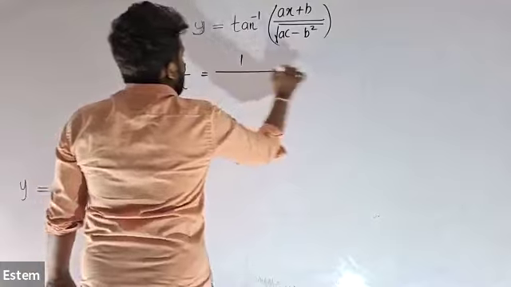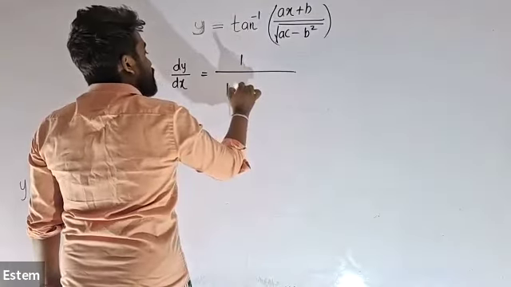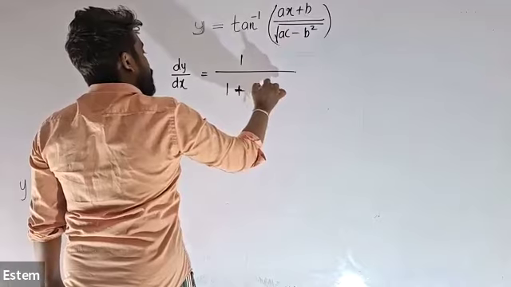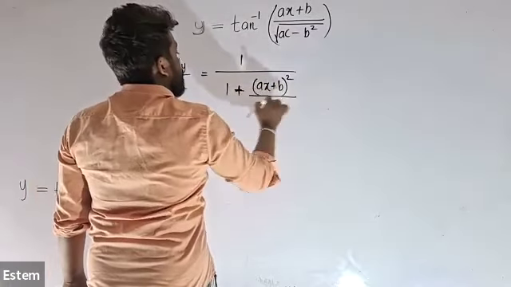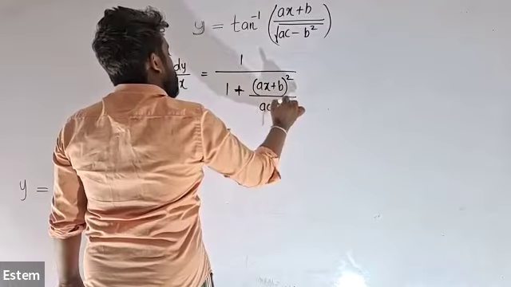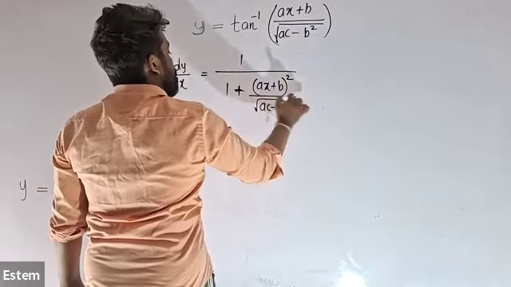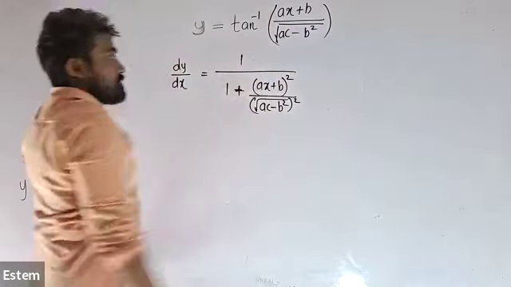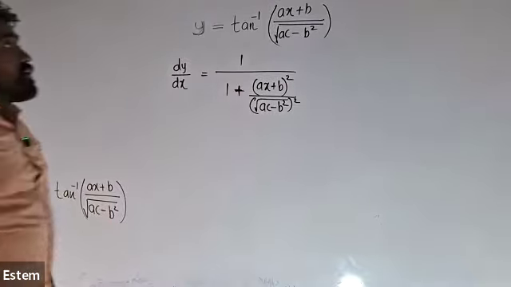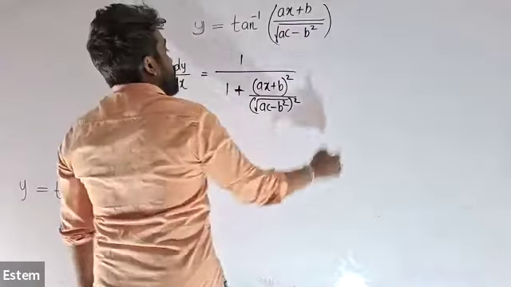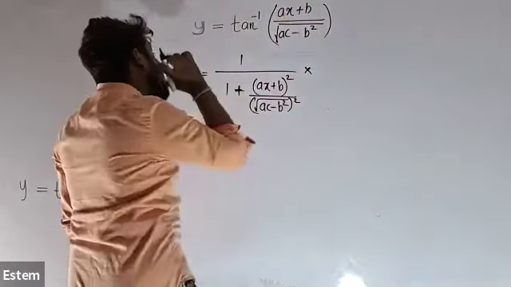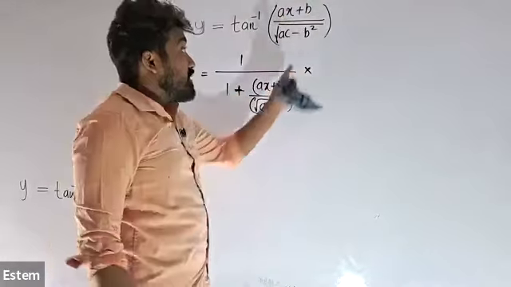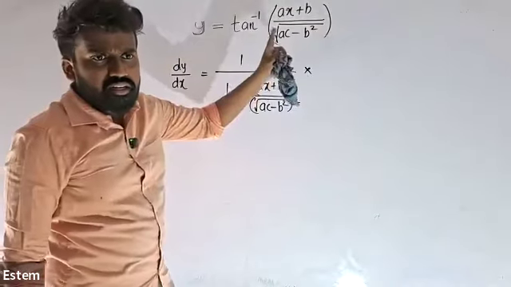It is the same as 1 over 1 plus the square of this. We should square ax plus b separately, and the square root of ac minus b squared separately. After that, we should differentiate the inner function. Is this a differentiation of a division?